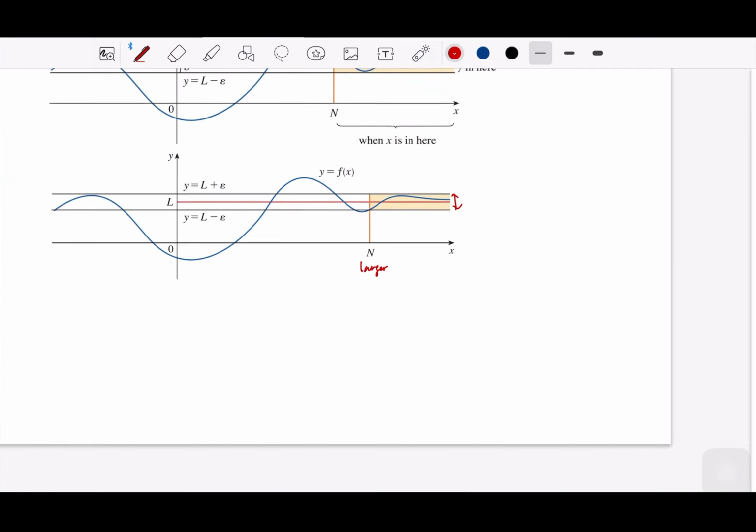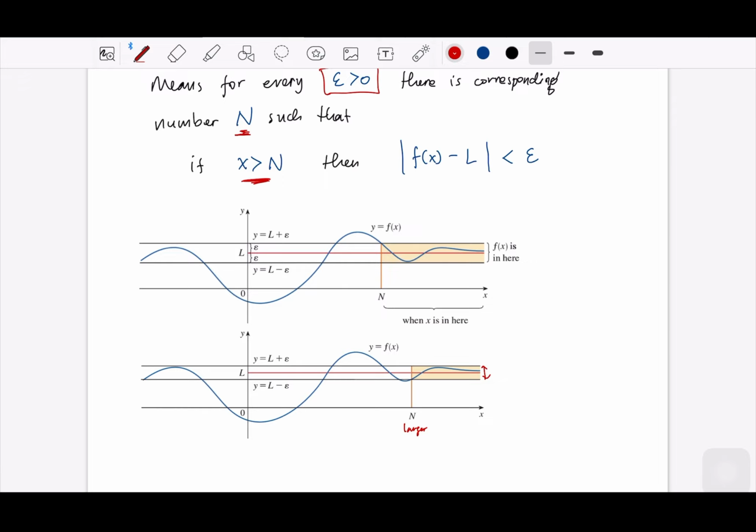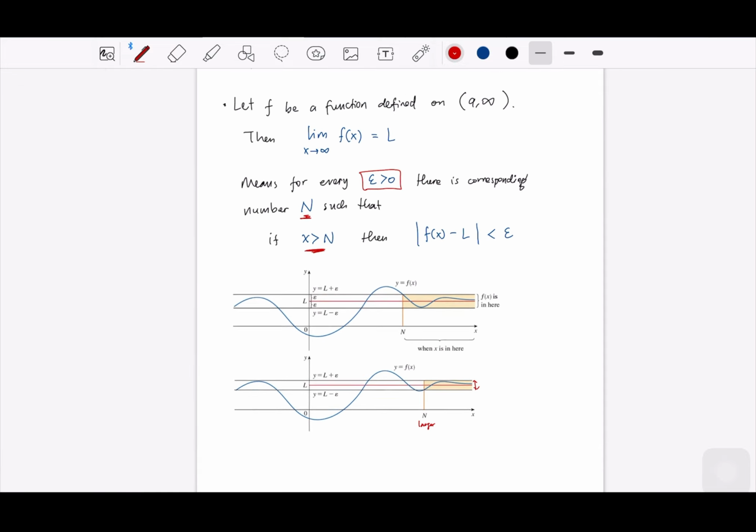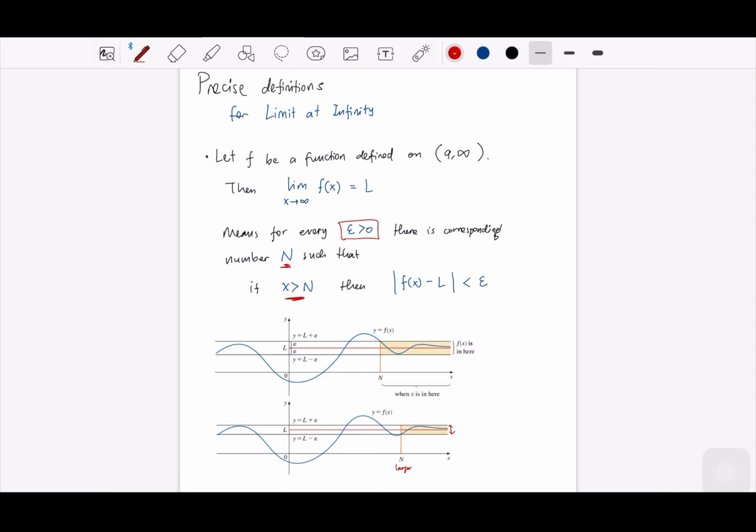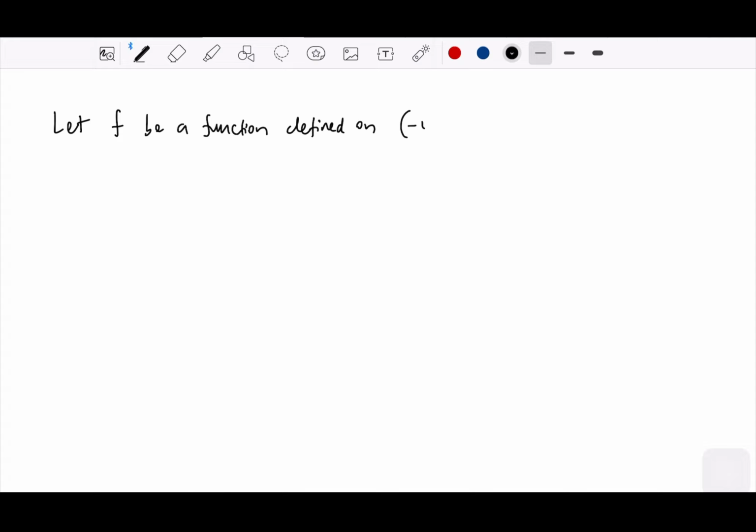In the same way, let me take a new page. If you want to take notes, you can just pause the video. Let me add another note. Similarly, let me write: let f be a function defined on, now we take from the farthest left up to some a, which can be any number.